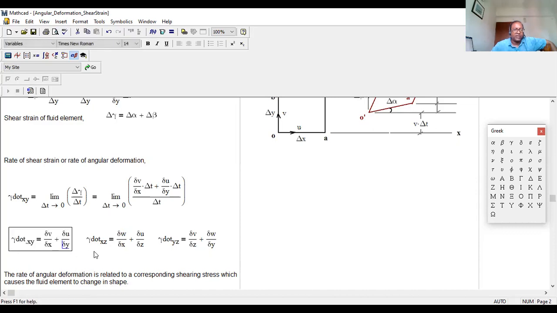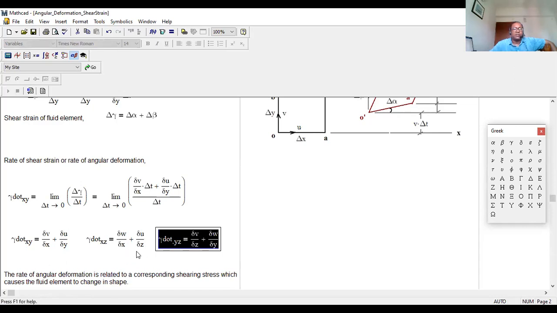You divide by del y at the bottom, and your velocity has to be the other axis, that means del u. Then gamma dot xz: at first you take del x. What is the other axis? Z, velocity component w. So at the top will be del w. Plus this, for this one, you already took the derivative in x, now you take the derivative in z. So del z, what is the other axis? X. So you take velocity del u. Similarly, you figure out gamma yz.